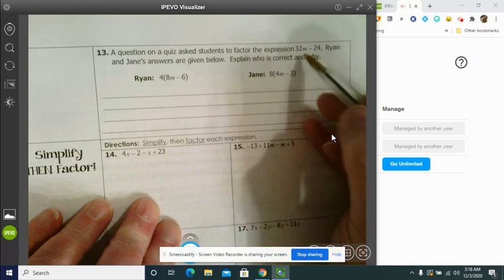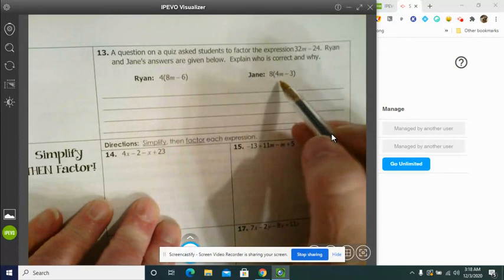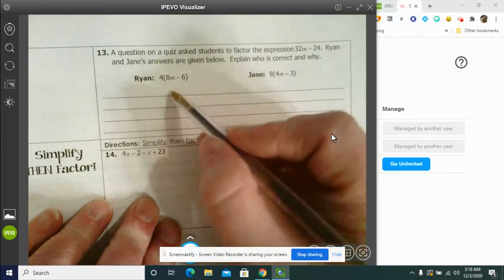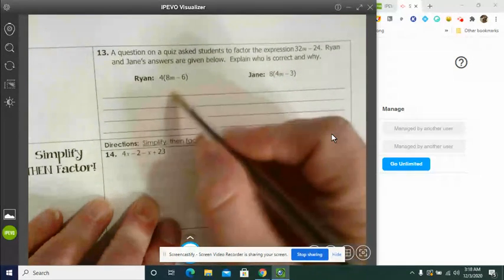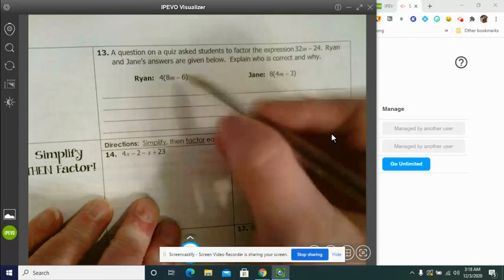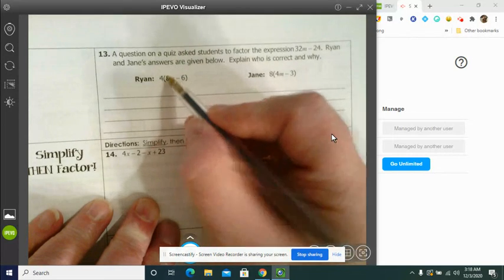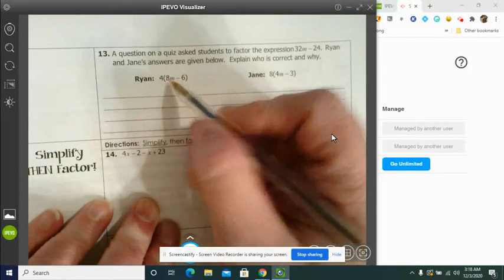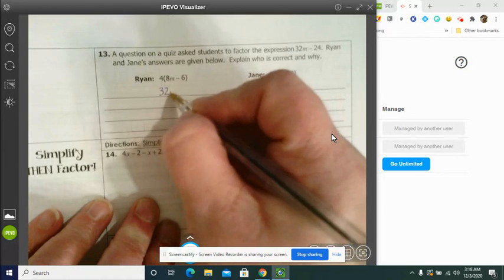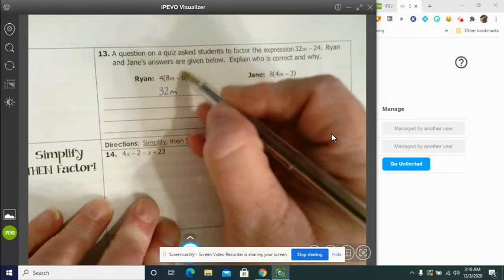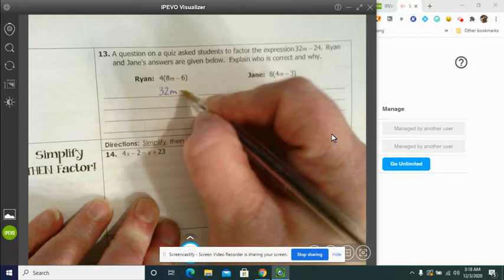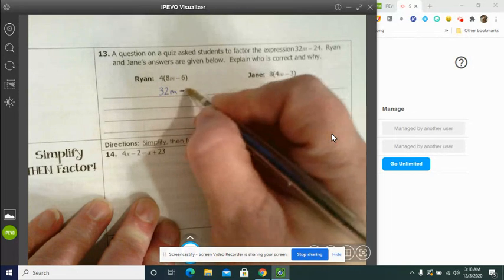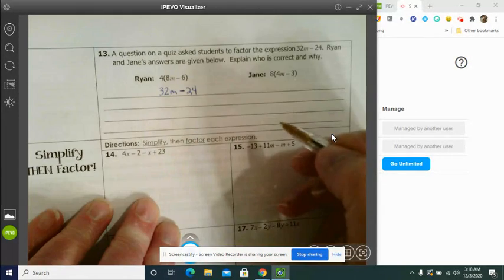Well, I can either factor this and then look at the answers, or I can check their work and see which one was closest. So I could say 4 times 8 is going to be 32m. 4 times negative 6 will be negative 24. That's Ryan's answer.